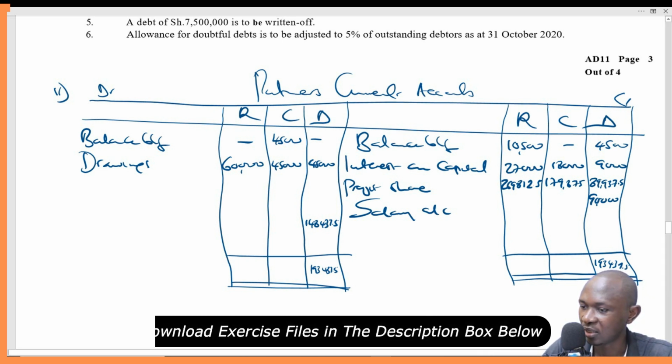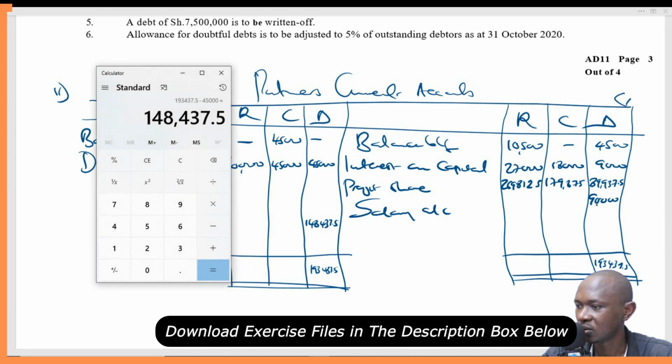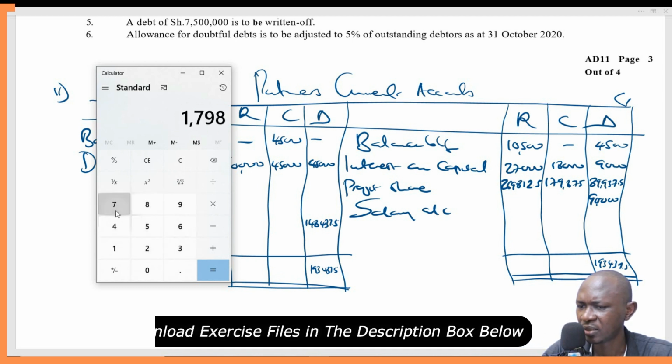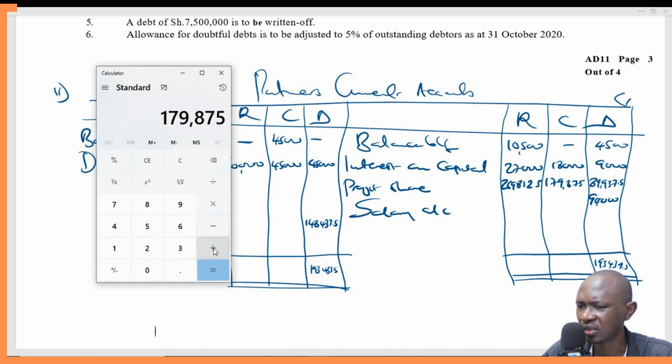And let's look at the second one, get the total. So the second one total will be 179,875 plus 18,000. That gives us 197,875.